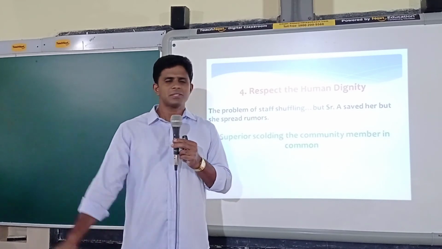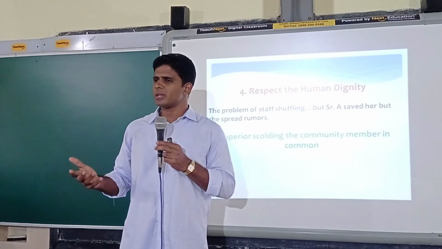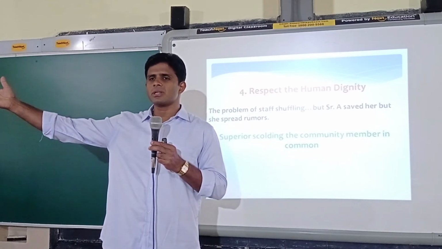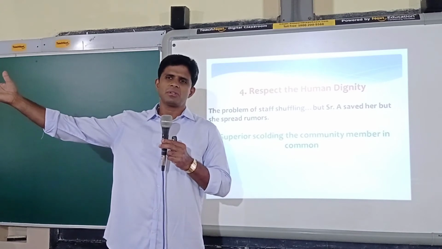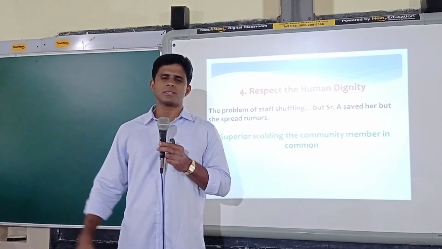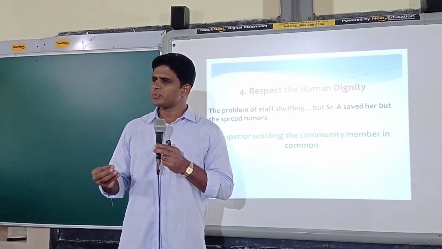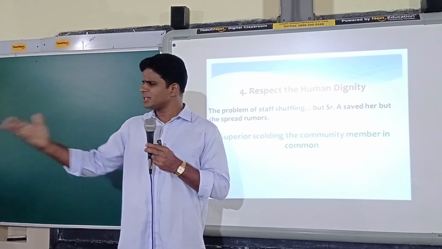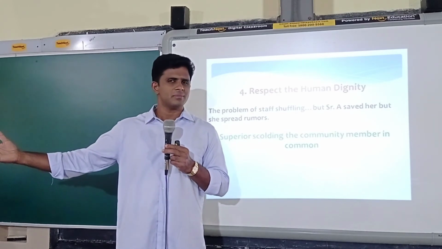Another thing is that sometimes in some communities it happens, simply scolding the members, especially the younger ones. In some cases, when we go for the mass, when we listen to how the provincial is speaking with some of the community members, we think it is better to run away from this community. How are these sisters surviving there? Such a way of scolding, commanding, things are happening like that, as if they are slaves.